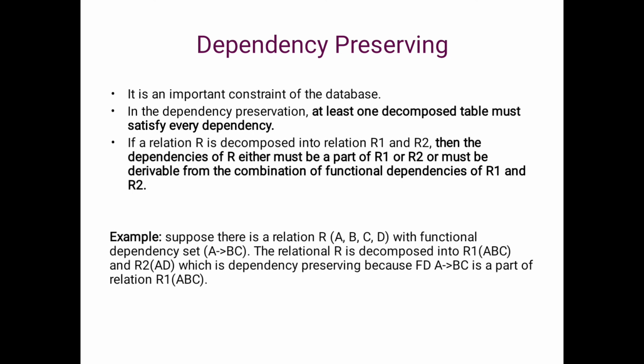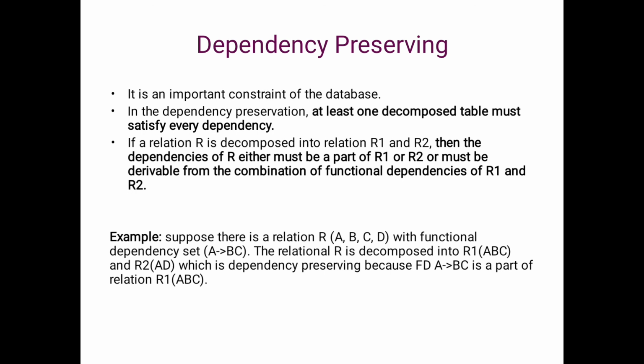Now we will see one small example. Here in this particular table I will consider four fields of information: A, B, C and D. In the original table I find the functional dependency A implies BC. Now I will decompose the whole table into two tables.